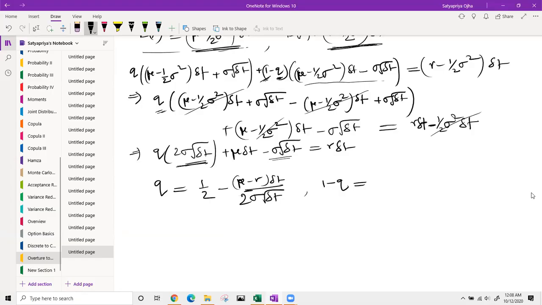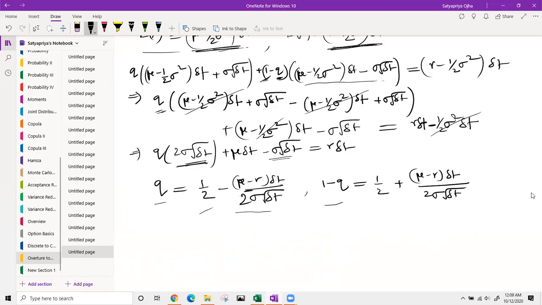And 1 minus q would be, so if this is half minus something, then 1 minus q and q together has to be 1. So this would be half plus that something. Okay.